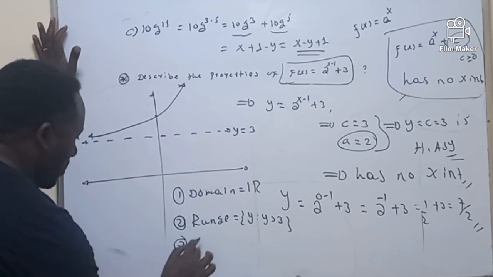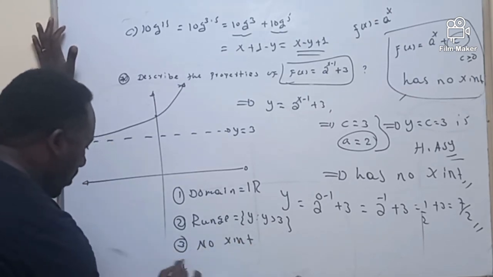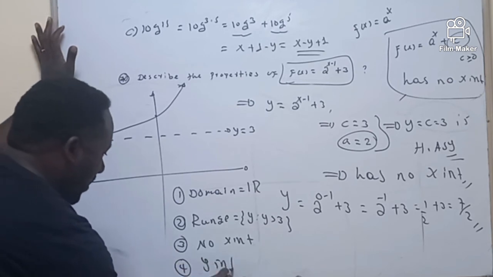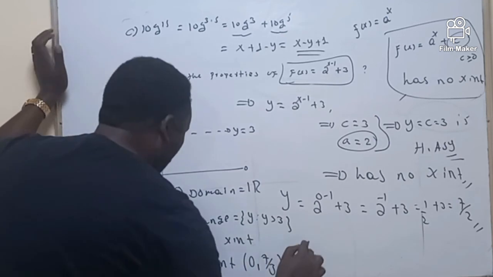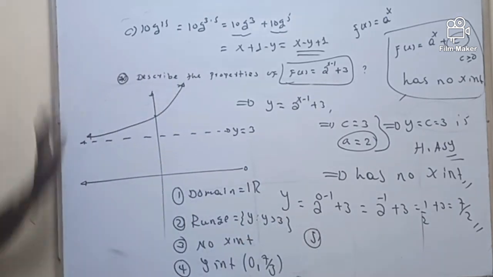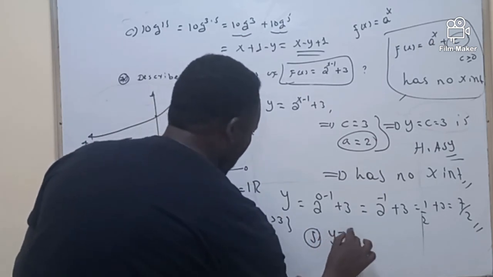The other properties: no x-intercept, and the y-intercept is (0, 7/2). The horizontal asymptote is y equal to 3.